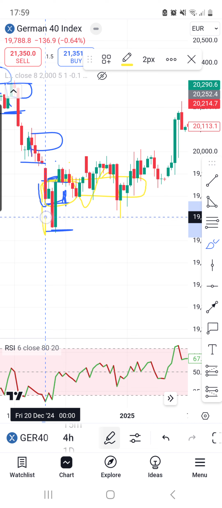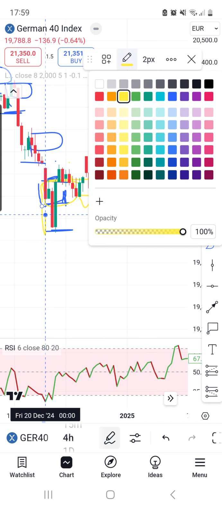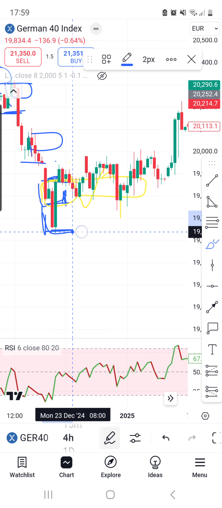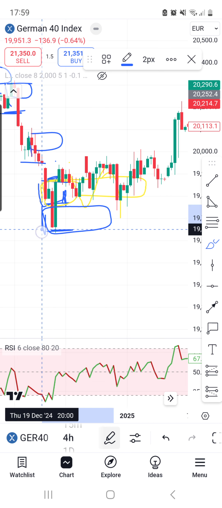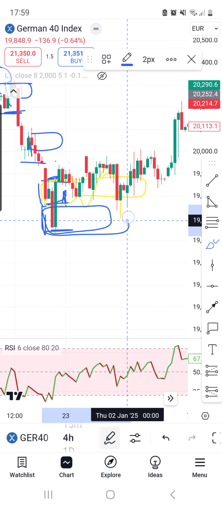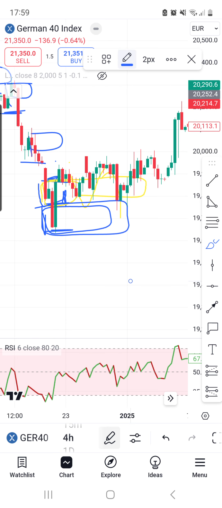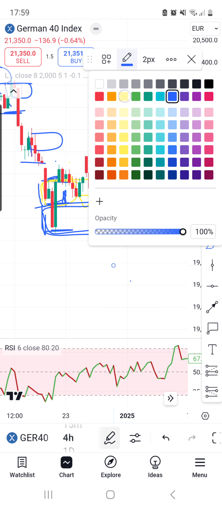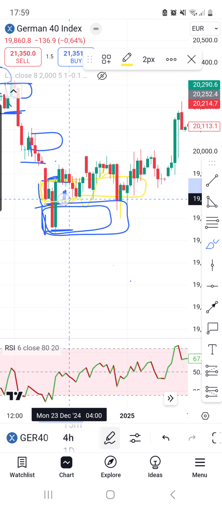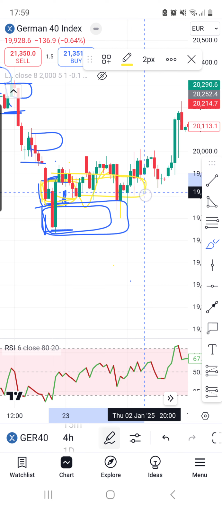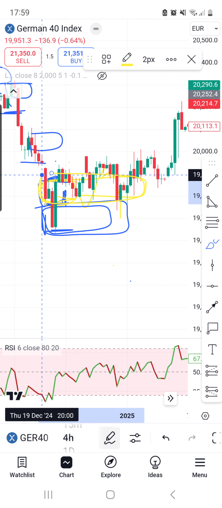Obviously the bottom part of the chart is our source. We know that this is our source, and this is our source right here. That's our source, and this is our breaker, in yellow, because of what price broke.